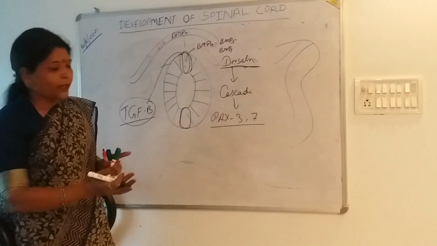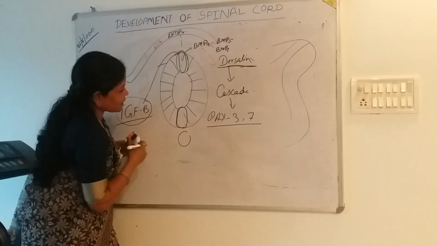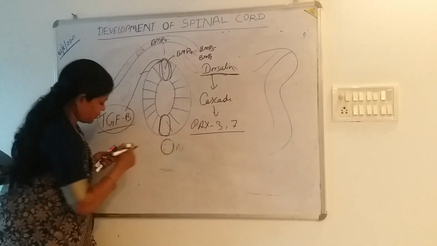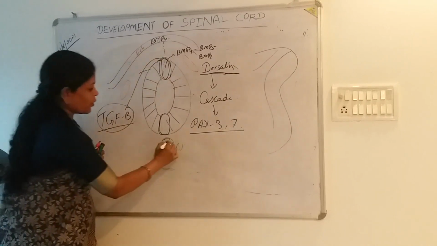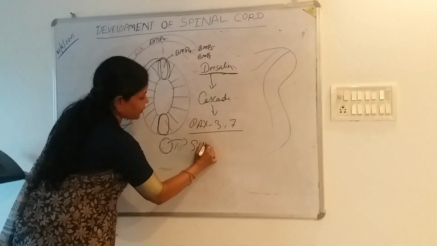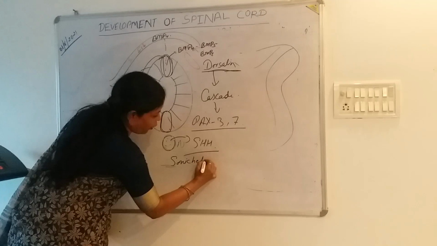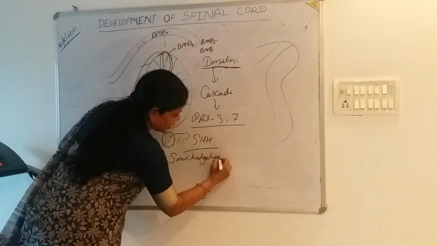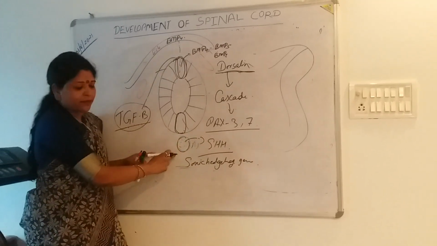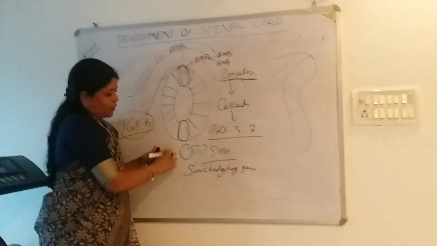These decide that the neurons formed on the dorsal side would be the sensory ones. Just opposite to that, on the ventral side, there is the notochord, and it is expressing a very important molecule known as sonic hedgehog. This is in the highest concentration towards the floor plate, with the notochord below it.